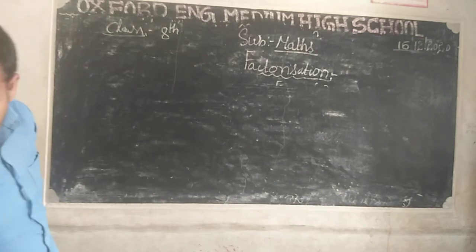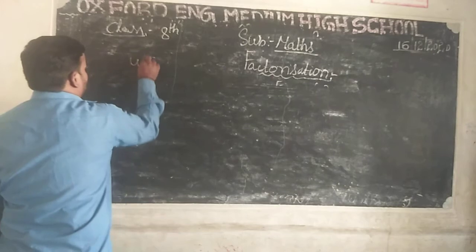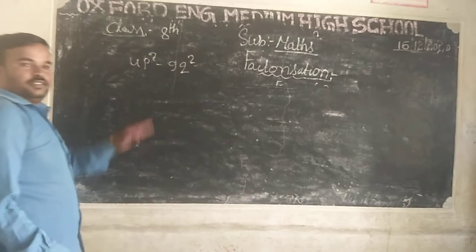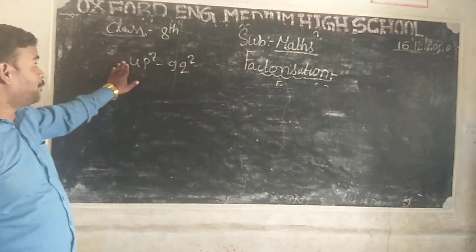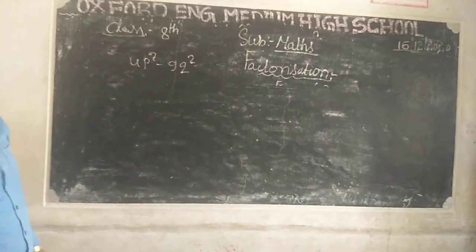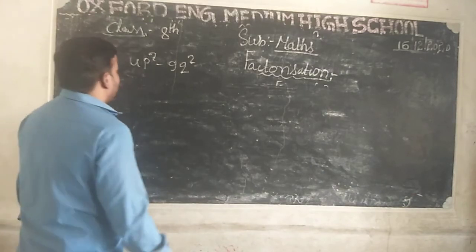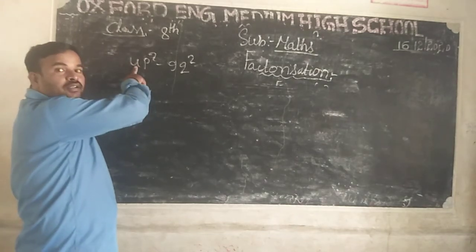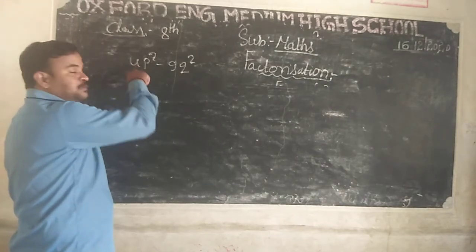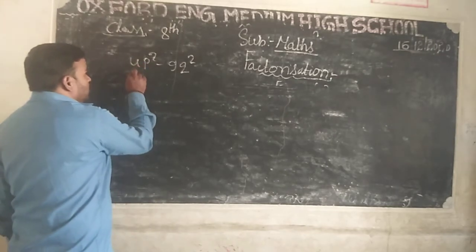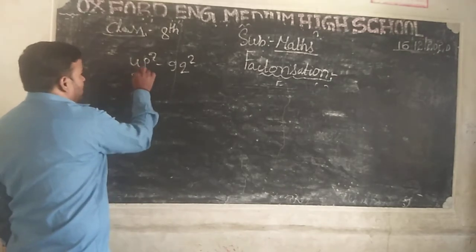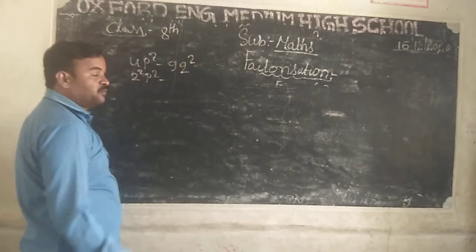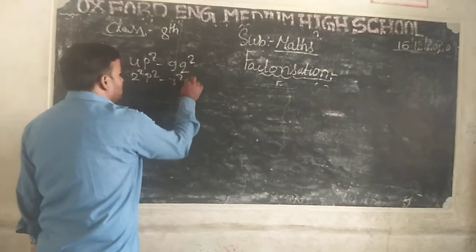Factorize 4p square plus 9q square. See, this problem is on the basis of the third identity. Dear students, here we have one complication: the square number is raised in exponential form. For example, 4 in exponential form is 2 square, p square, minus 9 in exponential form is 3 square, q square.